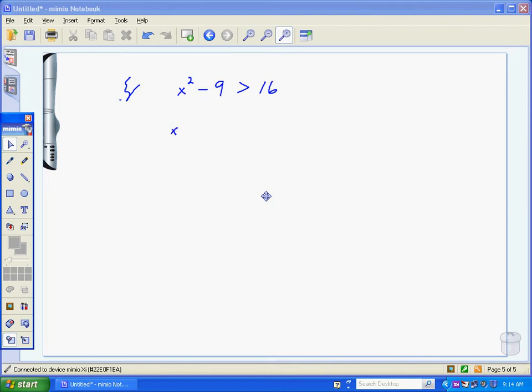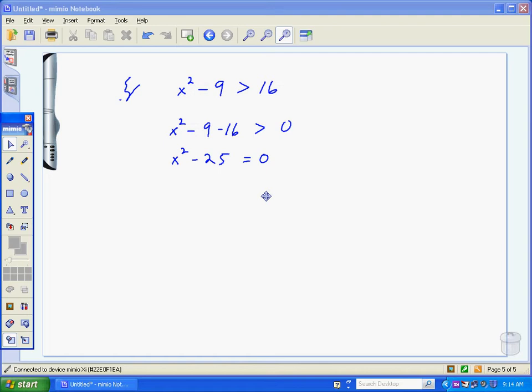Either way, I'm going to bring the 16 over. I'm going to get x squared minus 9 minus 16, so x squared minus 25. Let's just go with equal to 0 now, because we're just going to start solving and factoring. It doesn't matter if you got greater.